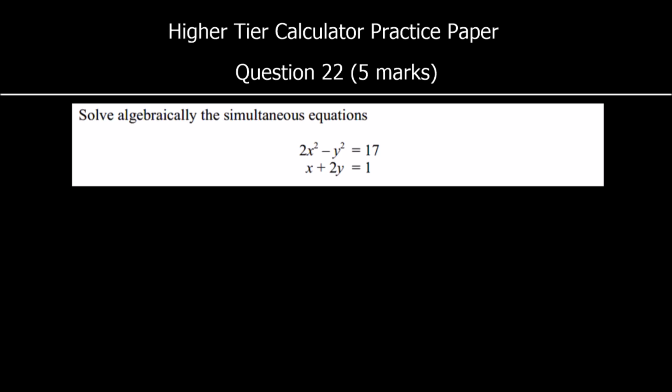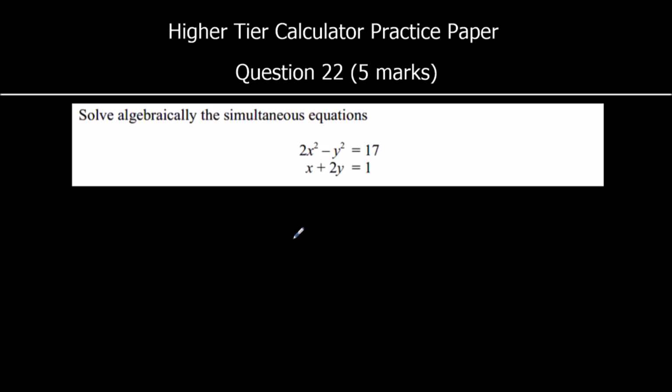Question 22. Solve algebraically the simultaneous equations. So we've got 2x squared minus y squared equals 17 and x minus 2y equals 1. So we've got one linear equation, this bottom one, it's just x's and y's, and we've got one with x squareds and y squareds in it. So we have to solve it using substitution.